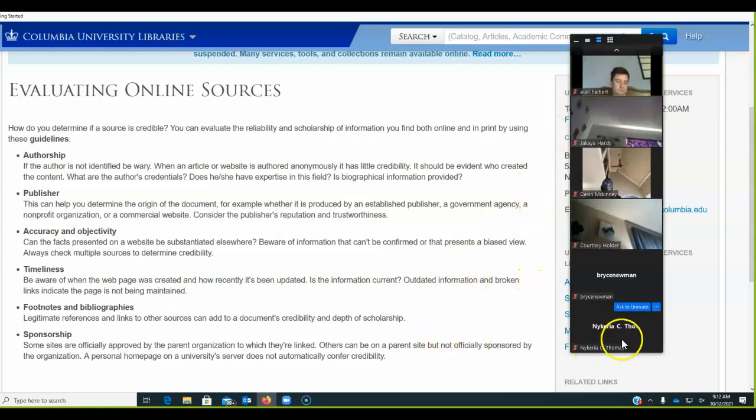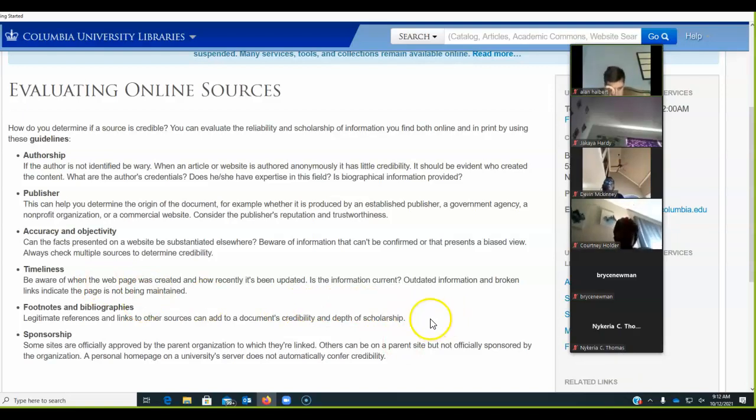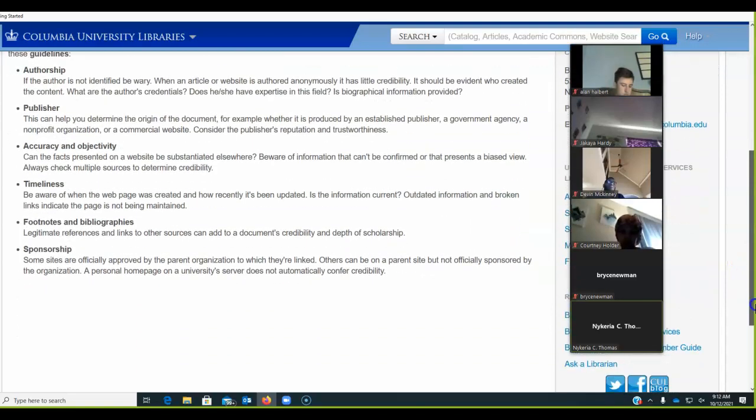And Kyria, can you read to us about footnotes and bibliographies? Legitimate references to other sources can add credibility to documents, crediting a bit of scholarship. Scholarship, very good. What does that mean? Ooh.